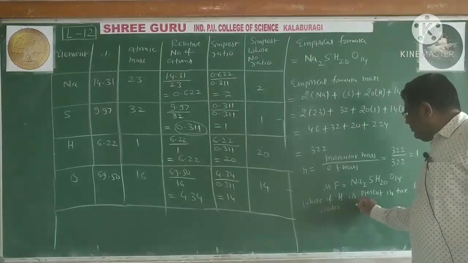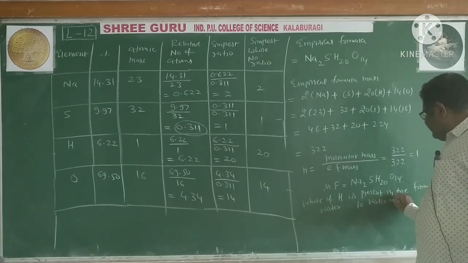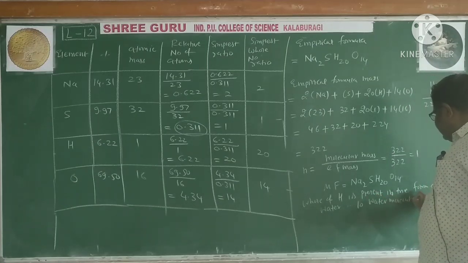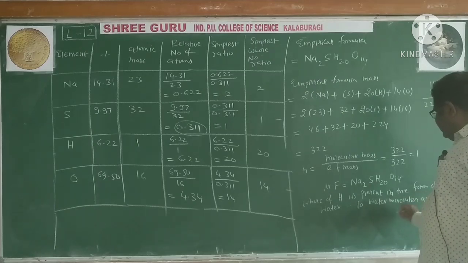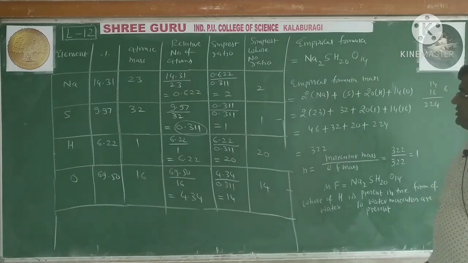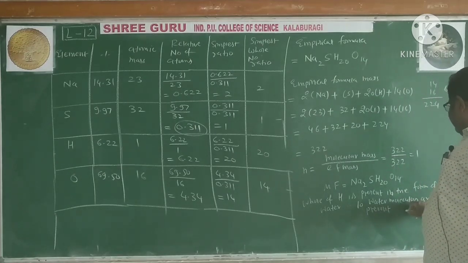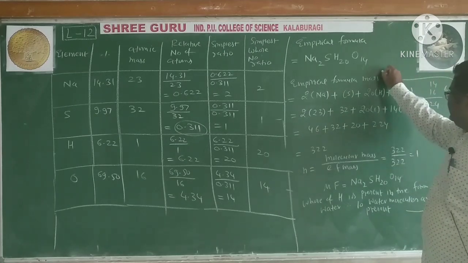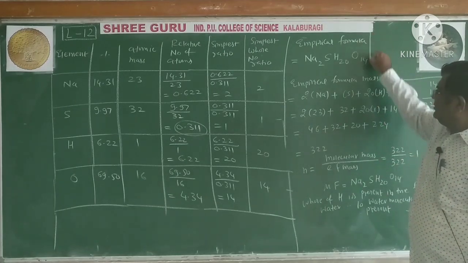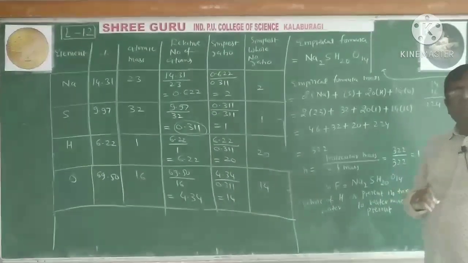So 10 water molecules are present. Just highlight this answer here. From that, 10 water molecules, because every water molecule contains 2 hydrogens.